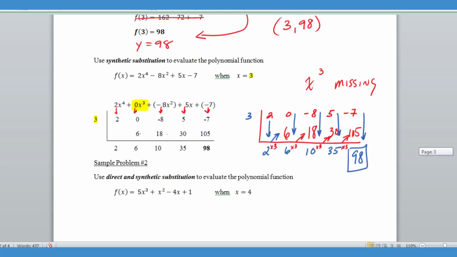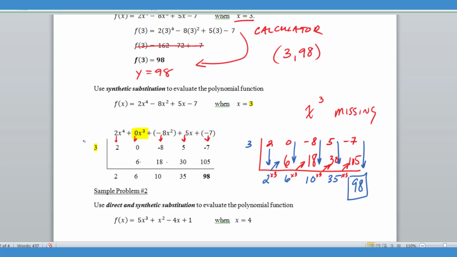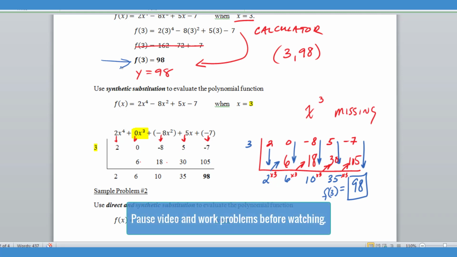Now, you can see all of the numbers in this example and where they came from as we work that. Also notice that this 98 is actually f of 3 equals 98, just like it was back up here in direct substitution. So that is an example of direct substitution and synthetic substitution work getting the same answer.